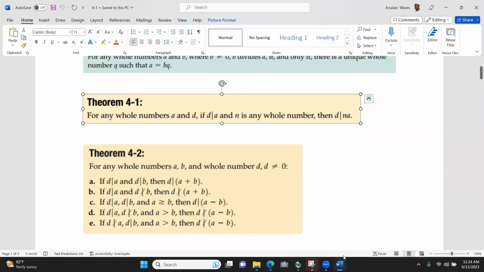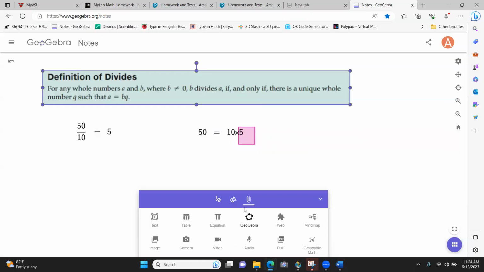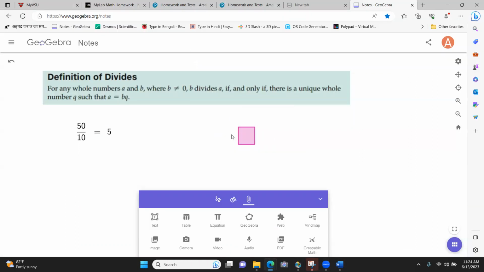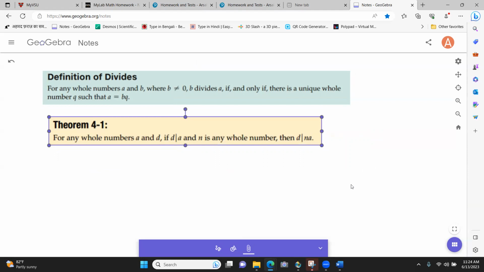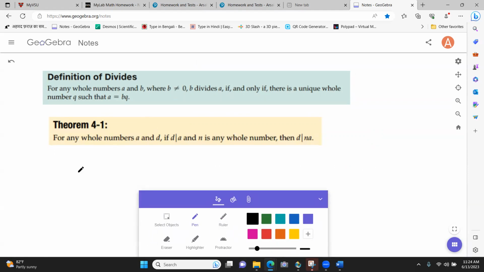Okay. Now, this is not a difficult idea. I'll tell you what will throw people off. For any whole numbers A and D, if D divides A, by the way, when you write D, a vertical line, A, it's read D divides A, not the other way around.